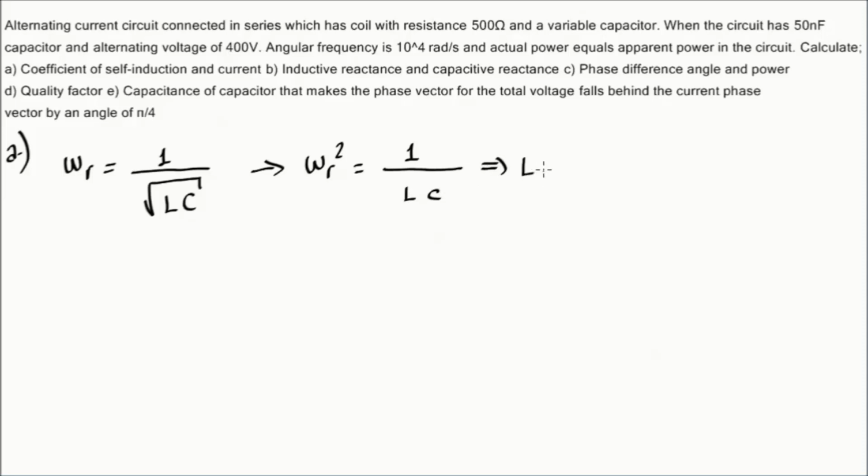So L equal 1 over C times omega r squared.